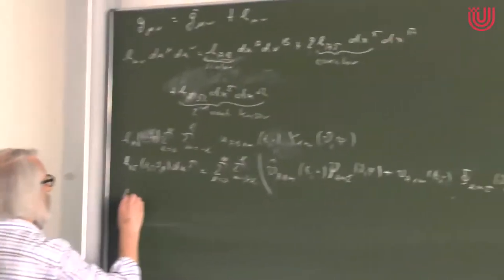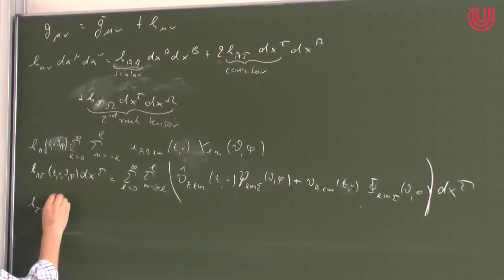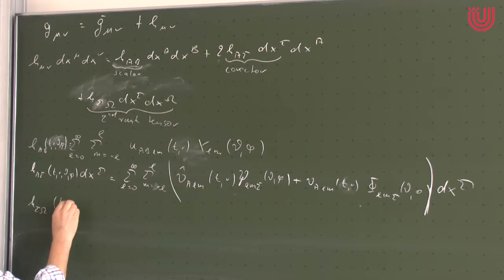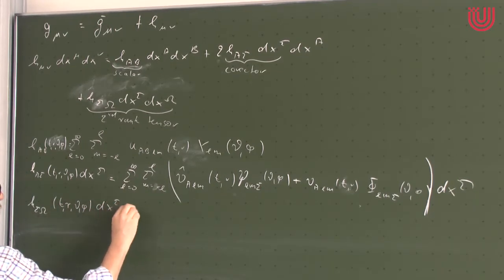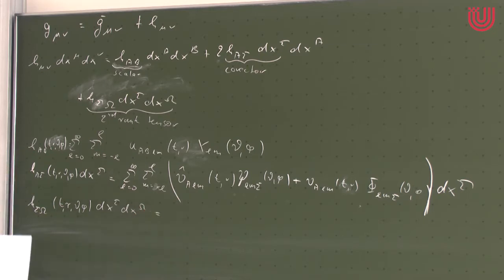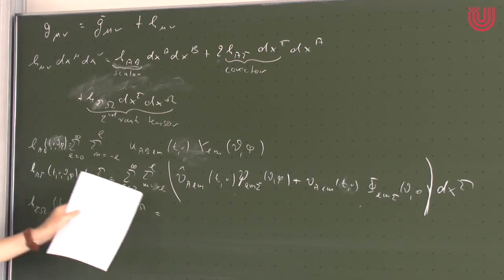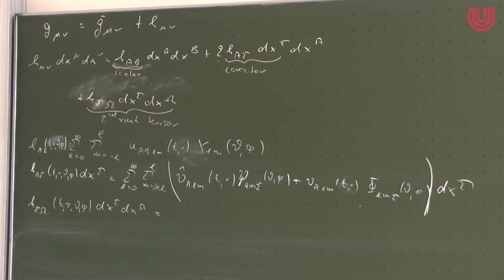Okay, and then we have the purely angular part, the tensor part, dx sigma, dx omega. So this, I need three basis vectors, because the set of all second-rank tensor fields on the sphere is a three-dimensional vector space. Yeah?